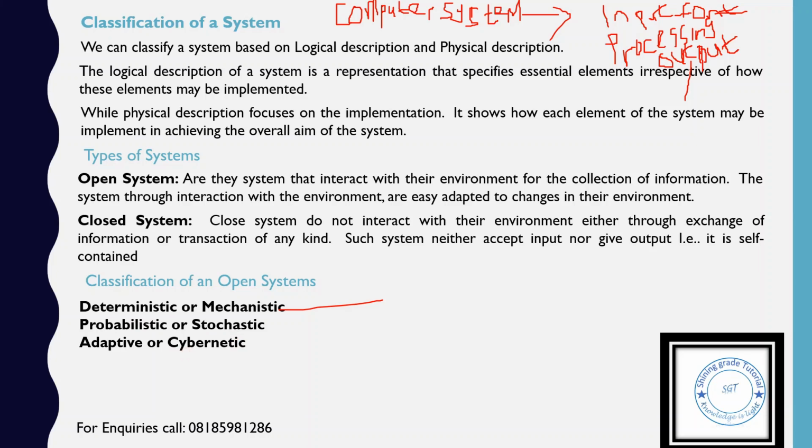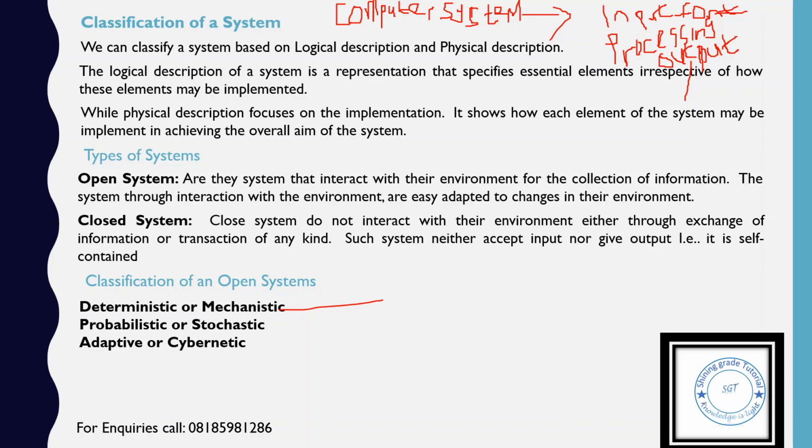The output cannot be predicted with certainty. We cannot be sure, we cannot be certain of the output. Such a system we call a probabilistic or stochastic open system. The result obtained from such a system does not come with accuracy or certainty. We can't predict.